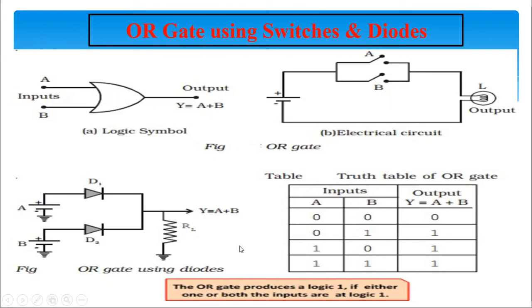Let us now discuss the OR gate by using diodes. The figure shows the two input OR gate by using diodes D1, D2 and resistor. Let us now discuss the working of the circuit.